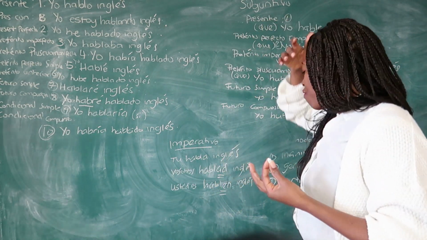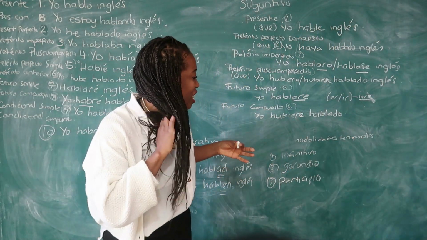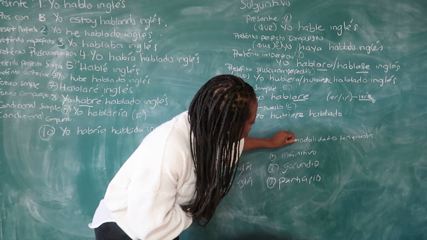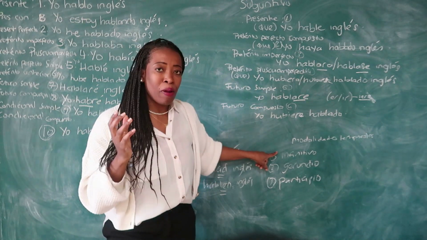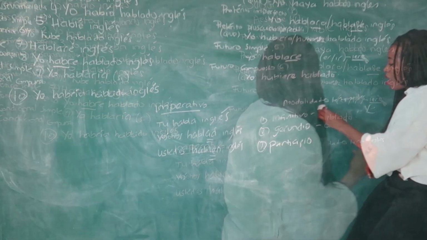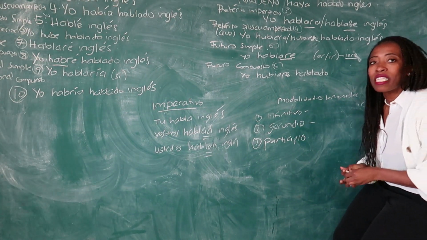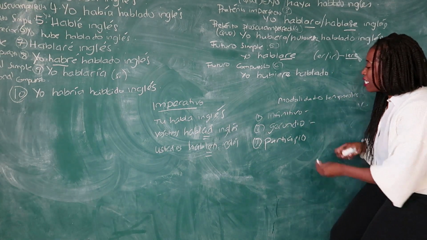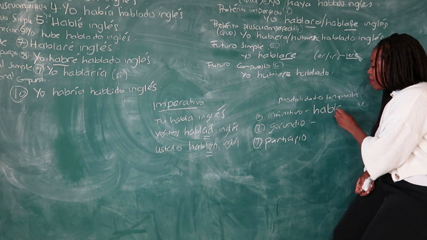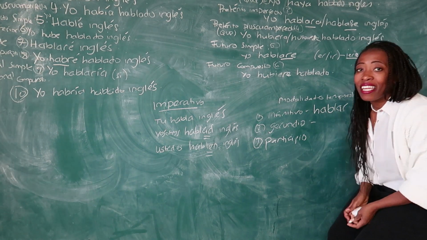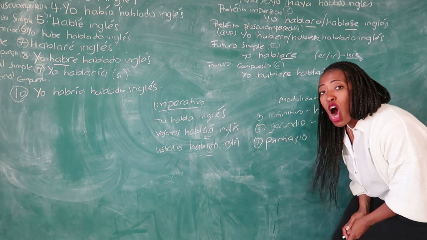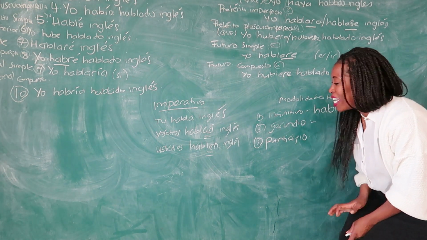And of course, we have the three modalidades temporales. With these other three forms, as I explained before, you have the infinitive, which is my original verb hablar, which in English is to speak, unconjugated, just the way it is.